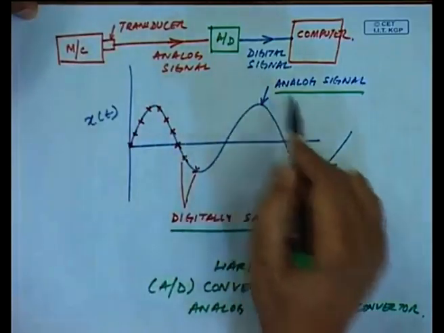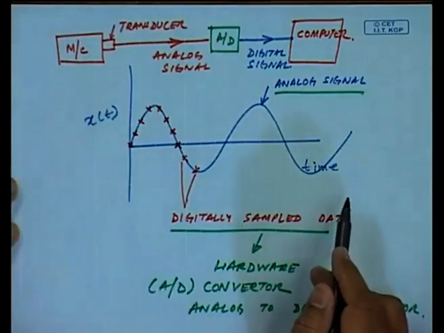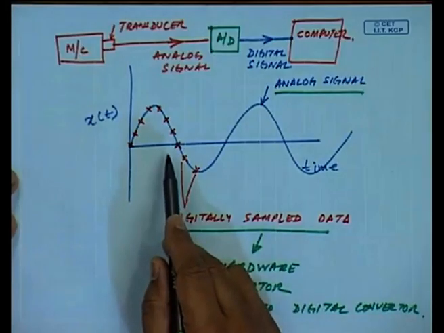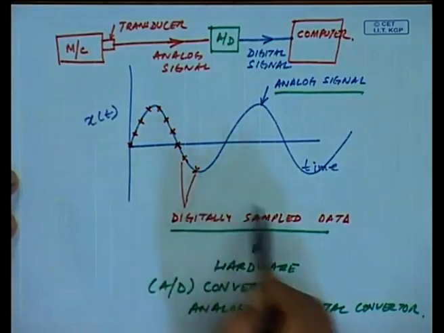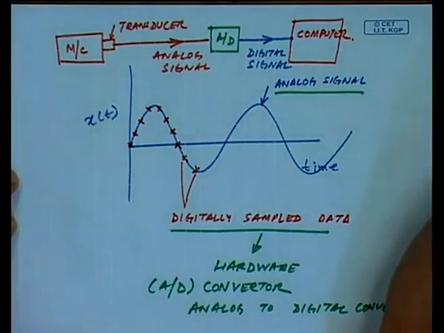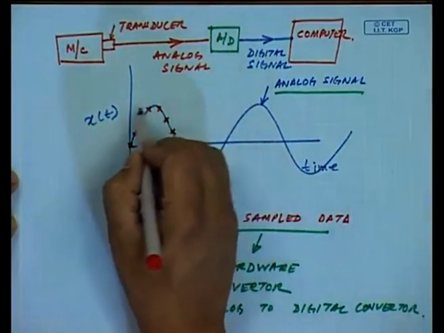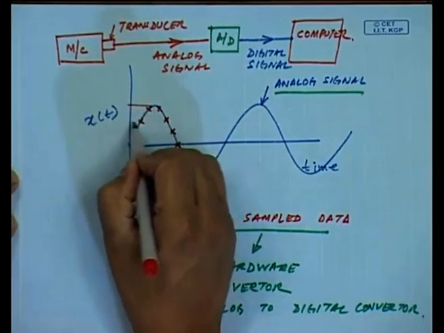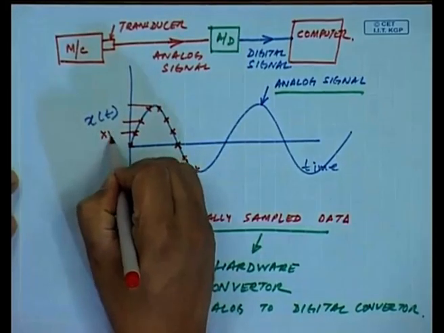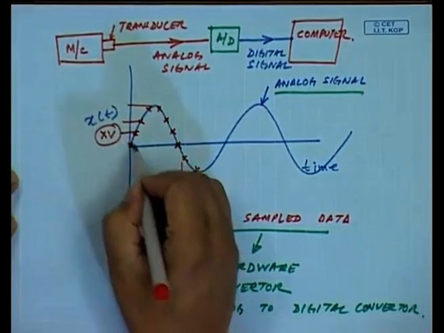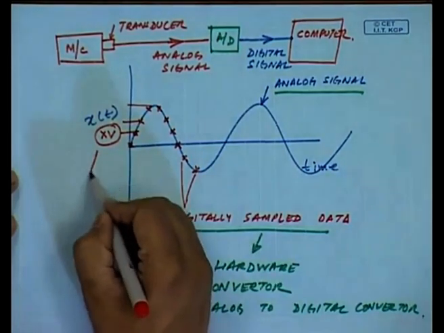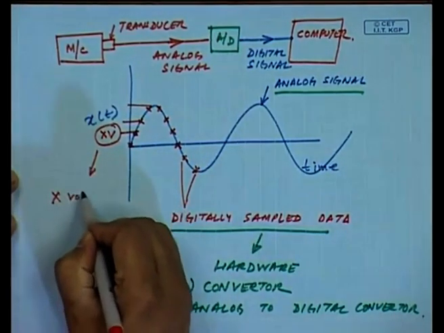Now, with these objectives, let us see what possibly could be going wrong in this A to D converter. One is the sample data and the rate at which I am sampling the data. Another is what kind of values I am giving to this data. Suppose this was x volts in the analog signal. I want this data in the digital also to correspond to x volts.